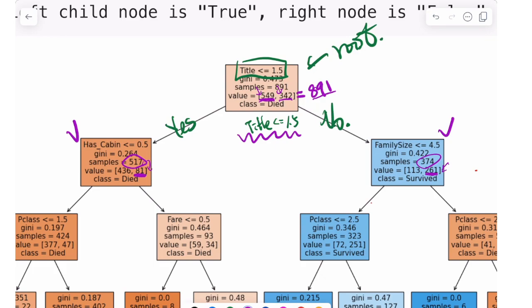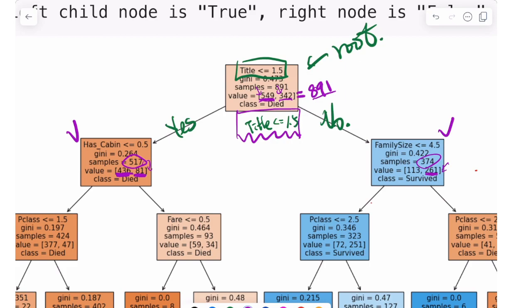So we believe this question, title less than 1.5, is a nice boundary line because it helps us classify the data into two separate groups: the left hand side has more dead, and the right hand side has more survived.